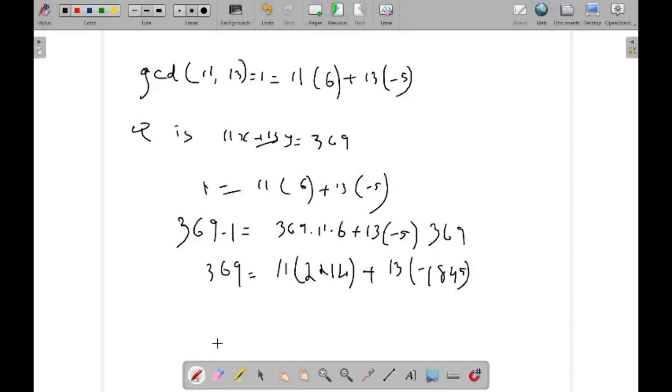So for this, x equal to 2214 and y equal to minus 1845. This is one possible solution.